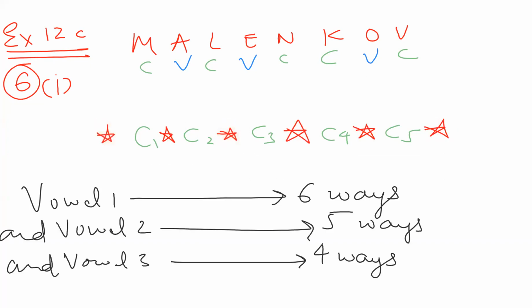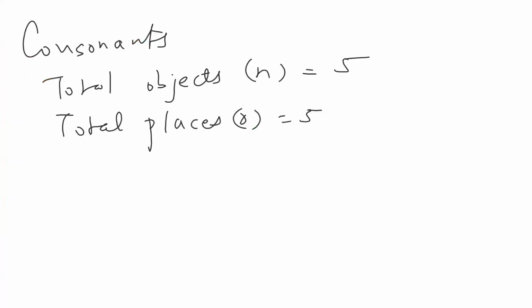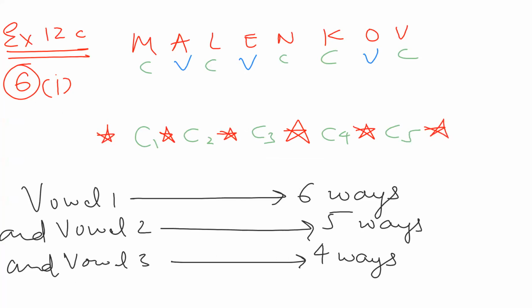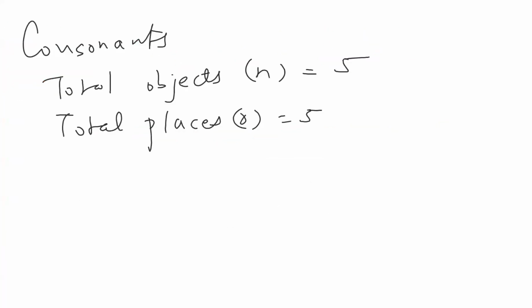Yeah. So for consonants, there are five objects, which are M, L, N, R, V, and five places C1, C2, C3, C4, C5. So the number of arrangements are nPr, 5P5, 5 factorial ways.